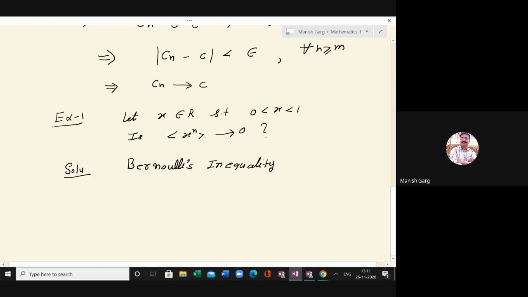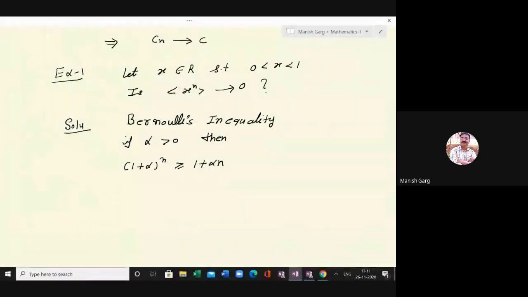It says if alpha is greater than 0, then (1 plus alpha)^n is greater than or equal to 1 plus n alpha. You can write (1 plus alpha)^n as 1 plus n alpha plus nC2 alpha squared plus nC3 alpha cubed, and so on. It is derived from there.